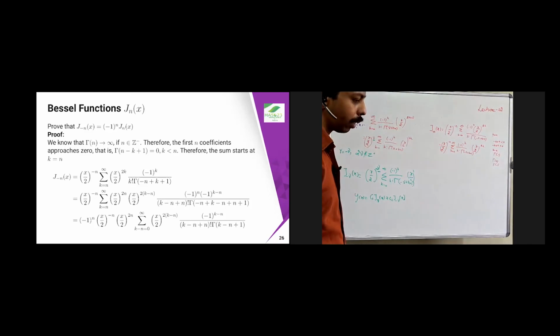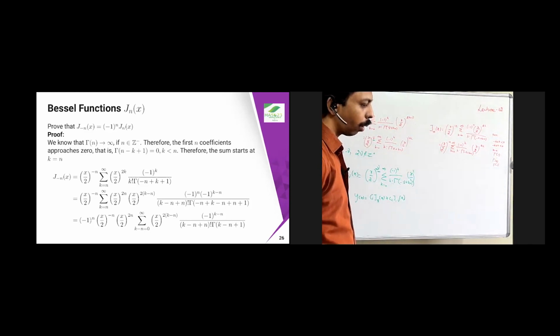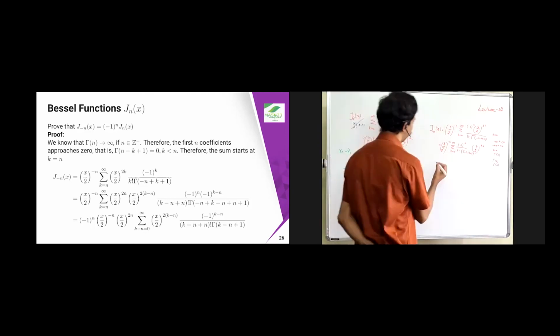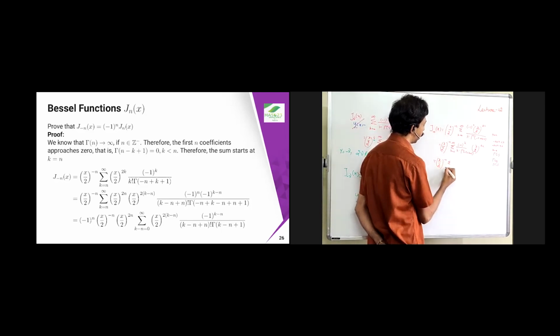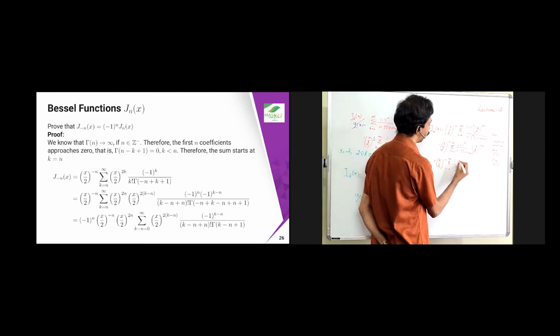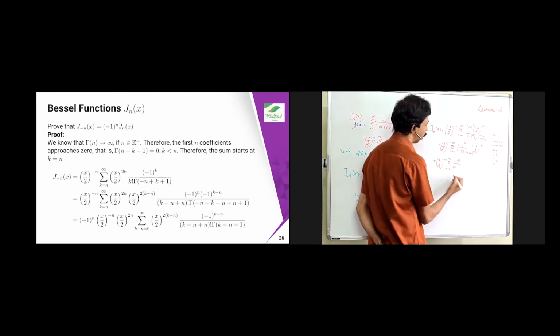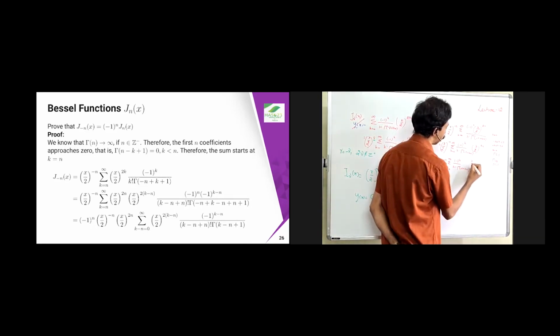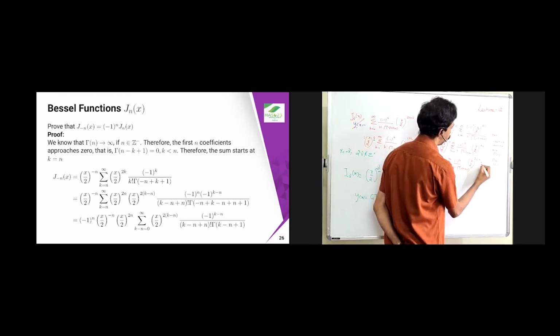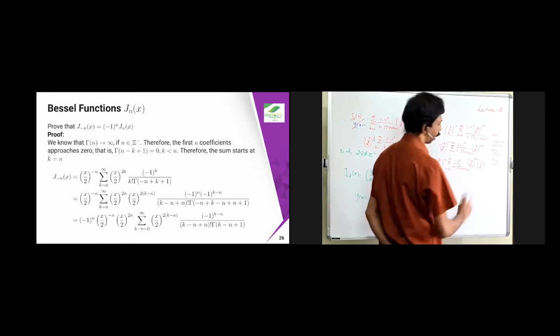Now I am just going to do some simple manipulation. I am going to multiply (x/2) power n on both sides, so (x/2) power n multiplied by summation k equal to n to infinity, minus 1 power k, k factorial, gamma of minus n plus k plus 1, times (x/2) power 2k minus n.